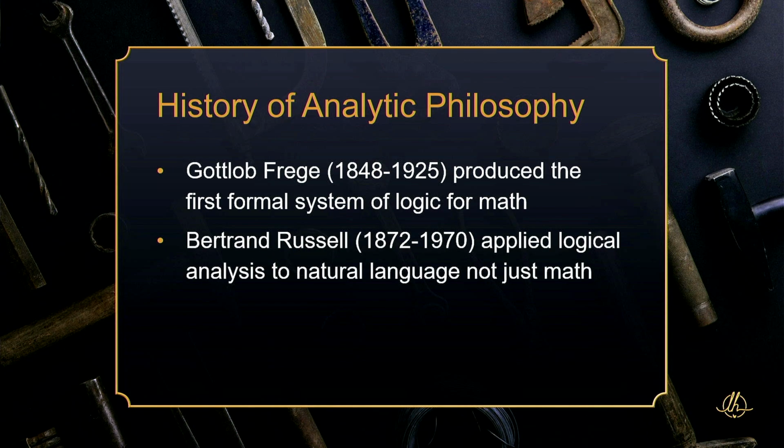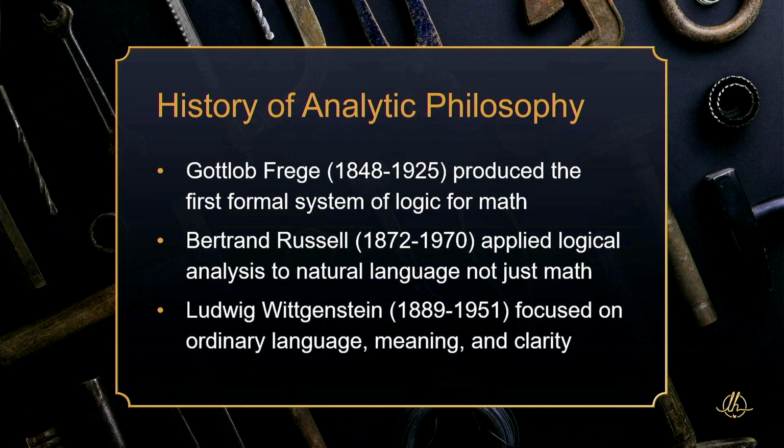So then Bertrand Russell came along, and he took Frege's logic system and made it more accessible and applied logical analysis to natural language, not just math. And he also found a contradiction dealing with sets, and he solved it, which we're not going to get into. And so his big book came out in the year 1910, Principia Mathematica.